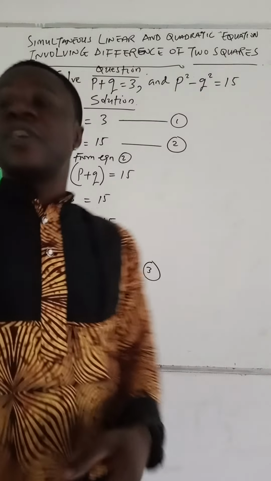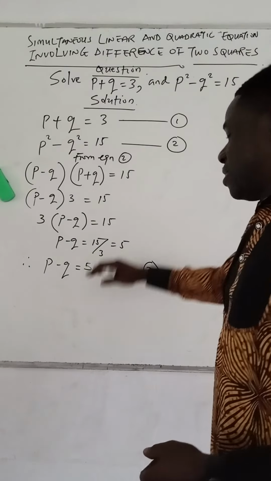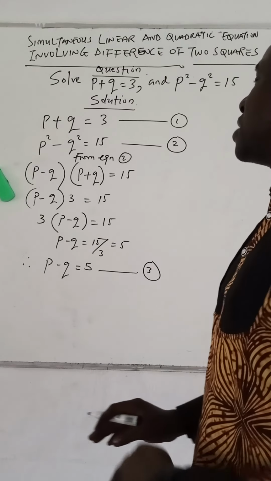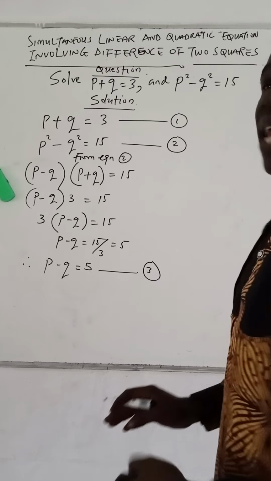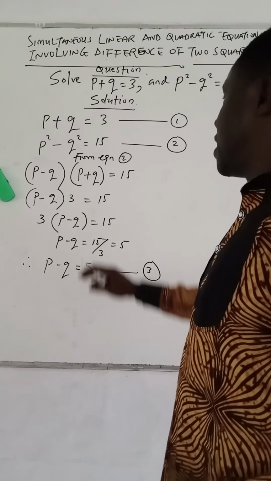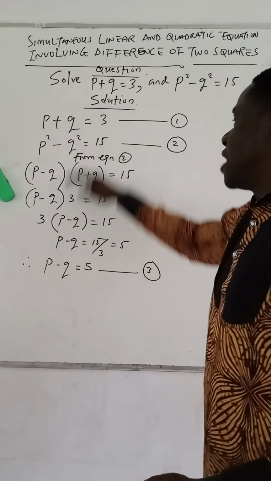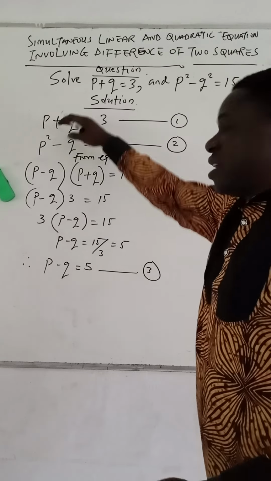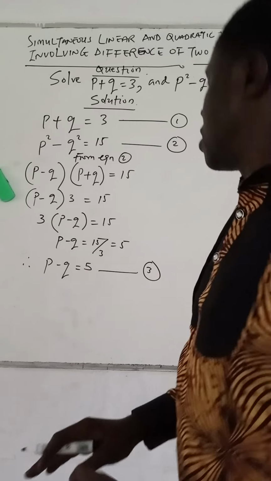We can then solve equations 1 and 3 simultaneously using any of the methods, whether elimination method or substitution method, because they are terms of the same degree in terms of their unknowns.